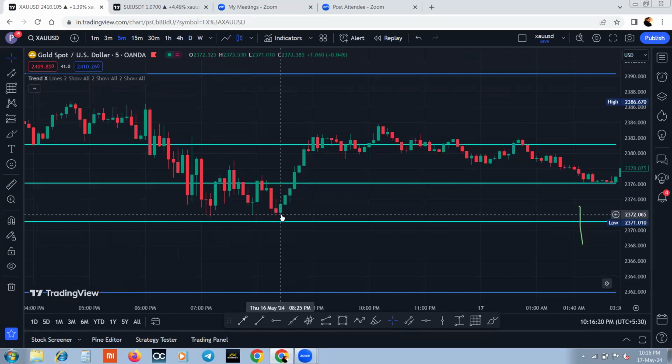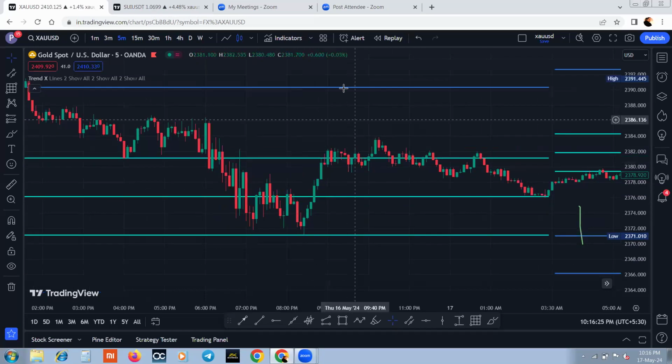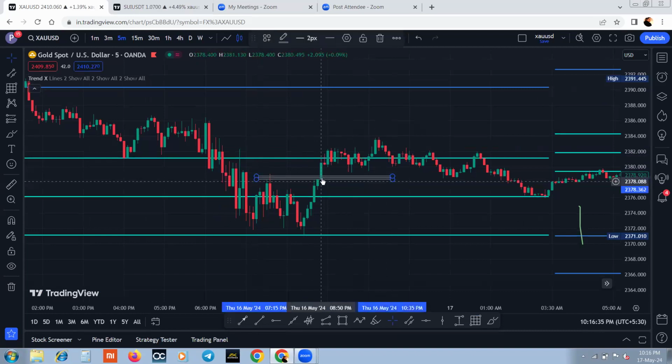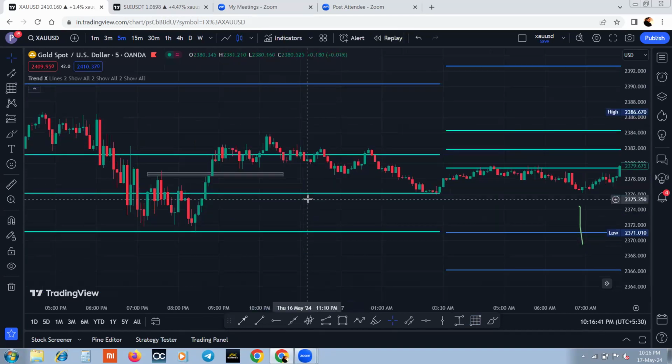So my stop loss was below this, and I was expecting it should go at least till here, but it was sideways. When it reached somewhere here, I closed some and was holding. When I saw it struggling here, I closed all trades.